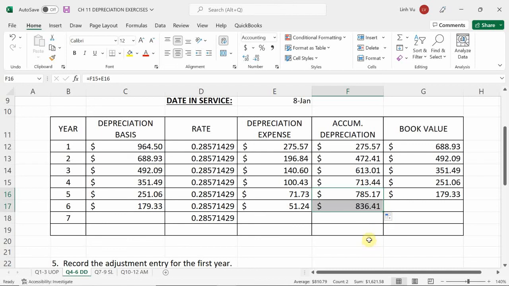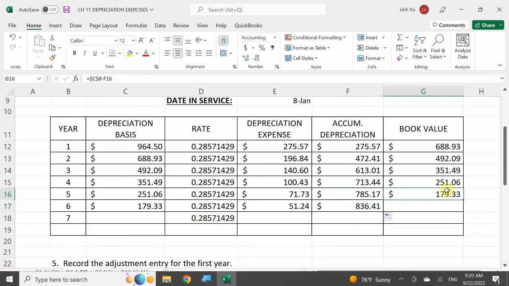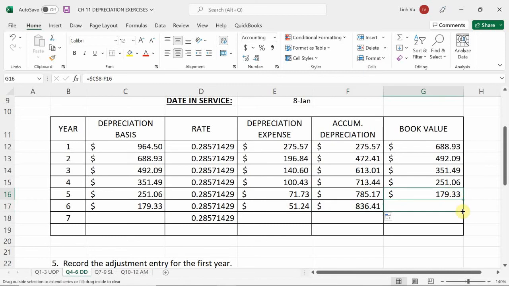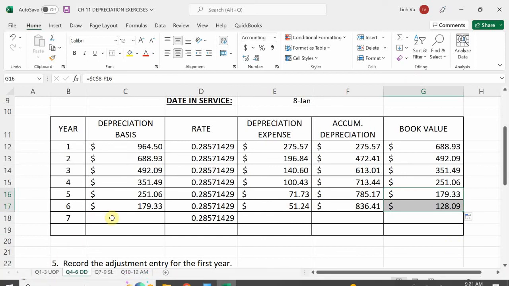So what's your book value at the end of year six? $128.09. So last but not least, year seven.